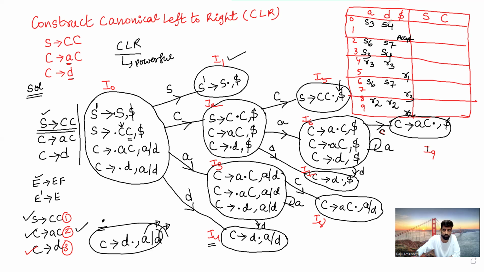Now we are going to have GOTO values. This is called capital S, capital C. Now you see I naught on capital S goes to 1. I naught on capital C goes to 2. Next, I1 is not there. I2 on capital C goes to 5.